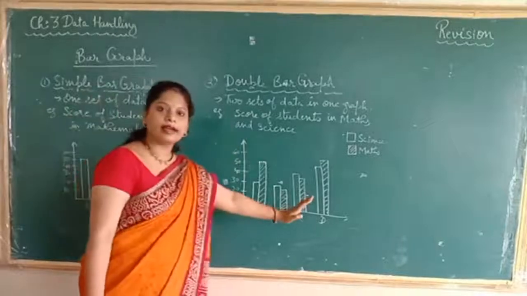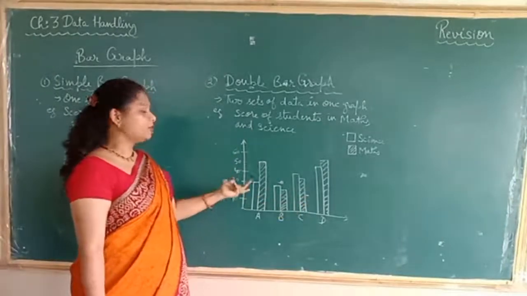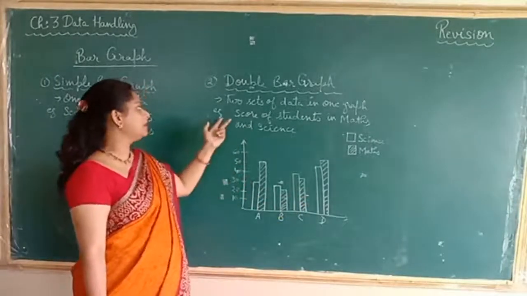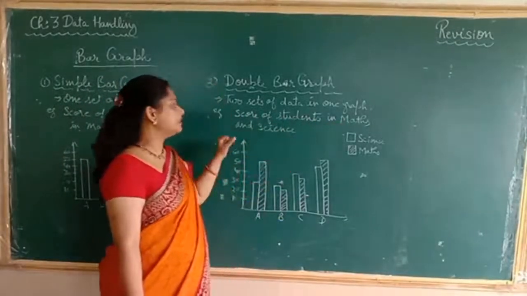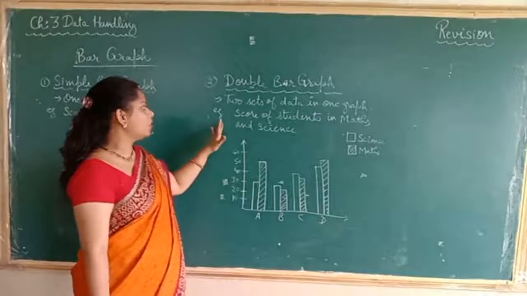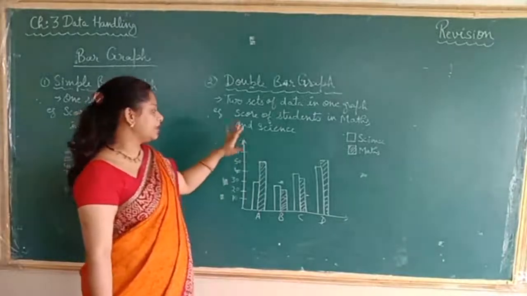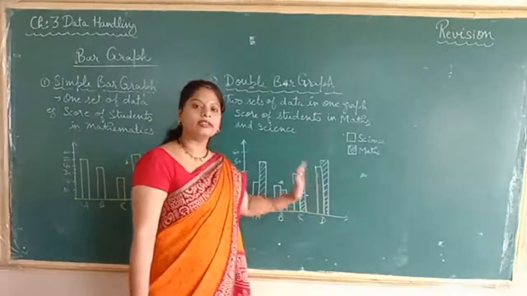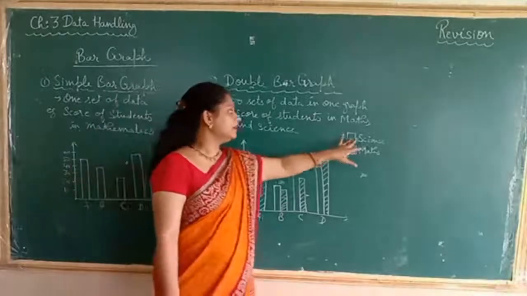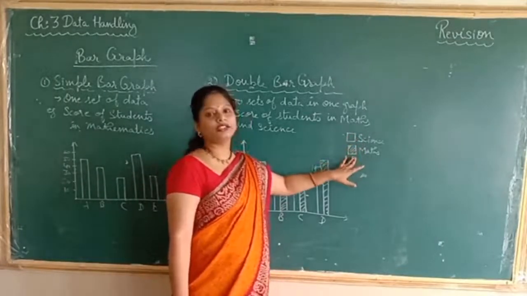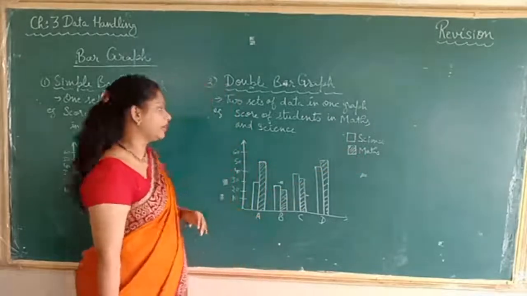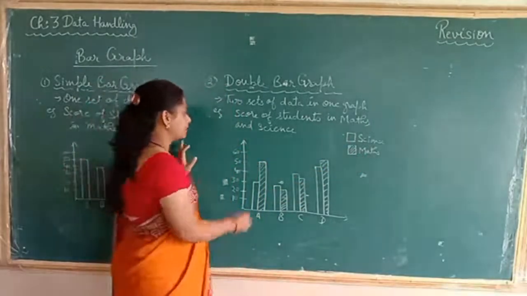We have a single graph, but two sets of data. Let's see the example. Score of students in maths and science are represented on a single graph. Here, science is shown by the blank bars and maths is shown by the shaded bars.